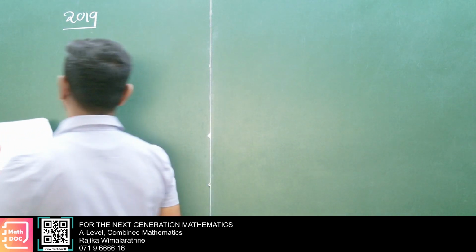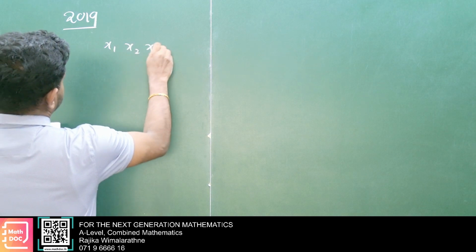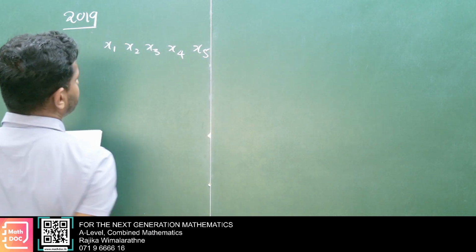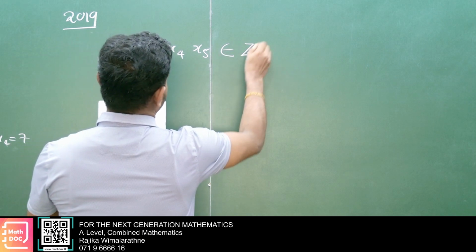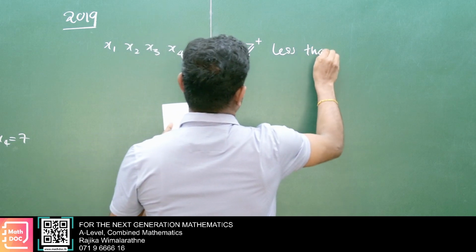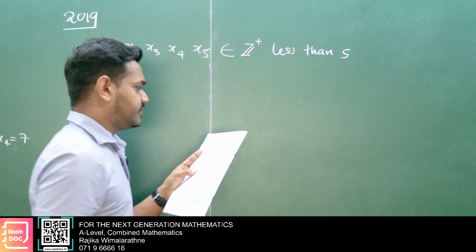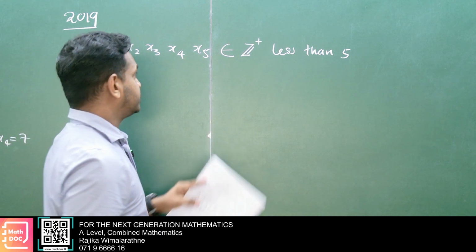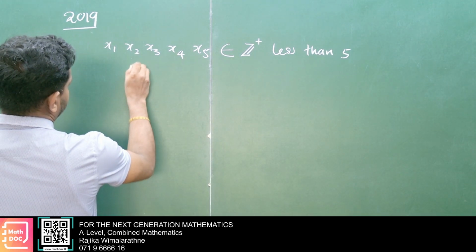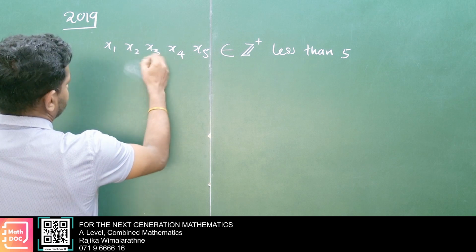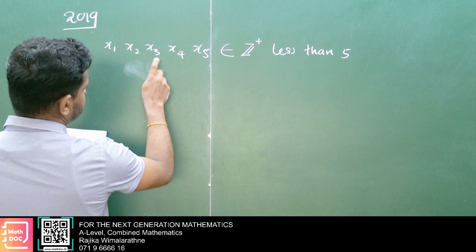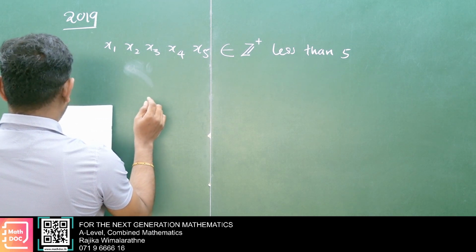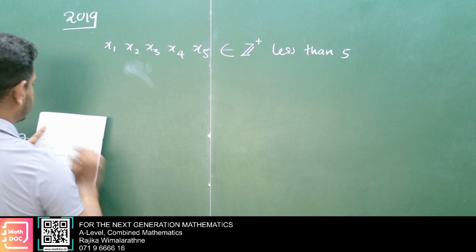So x1, x2, x3, x4, x5 are positive integers less than 5, with 2 modes, one of them 3, and their mean and median both equal to 3.